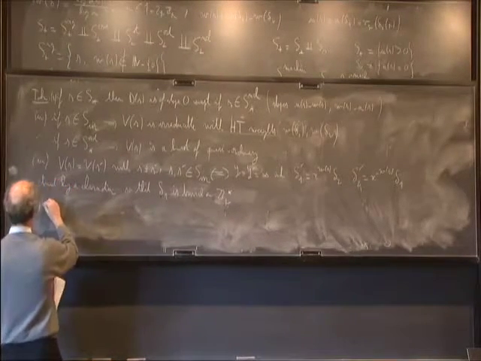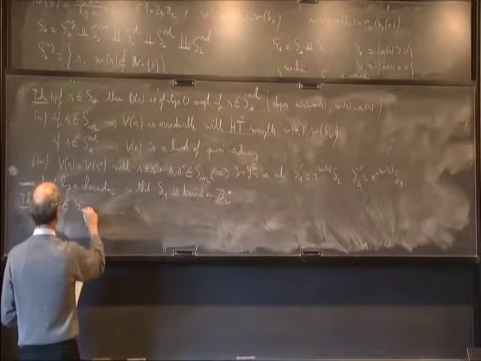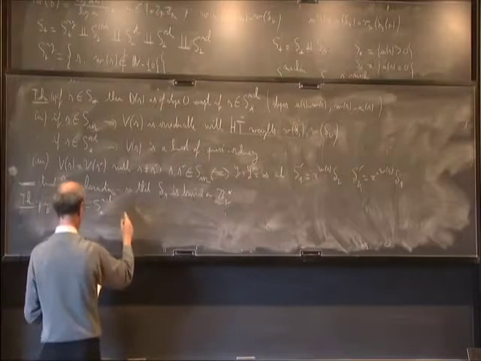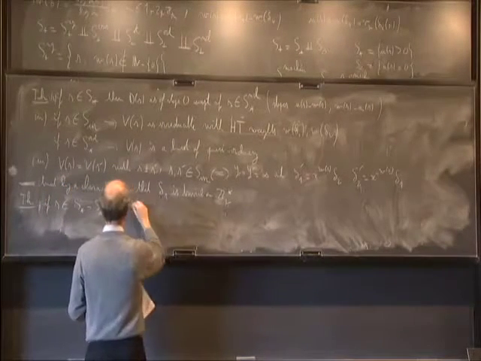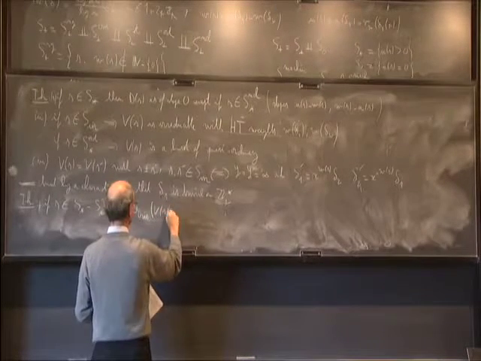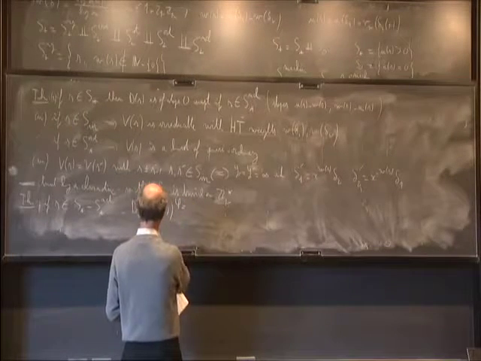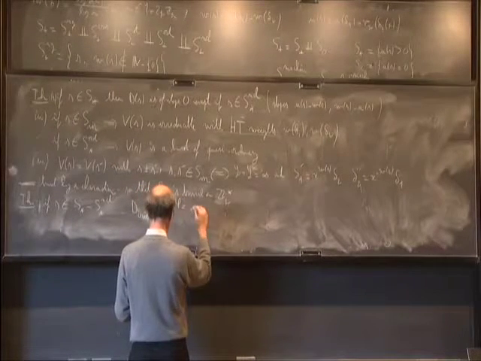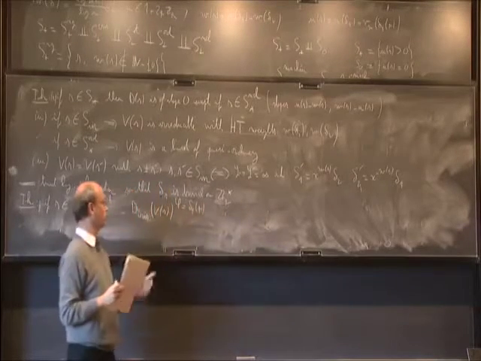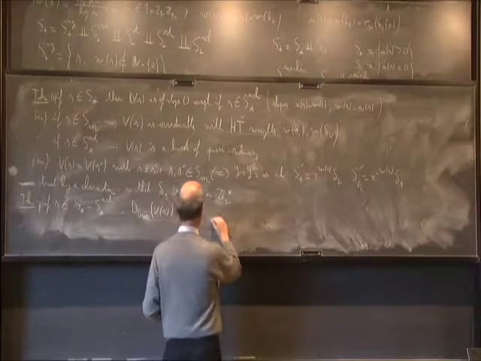So if S is not non-classical, then you can look at the D_cris of V of S, and it's non-zero, and it's even better than that. If you look at the part on which Frobenius acts by multiplication by delta 1 of p, then this is non-zero.